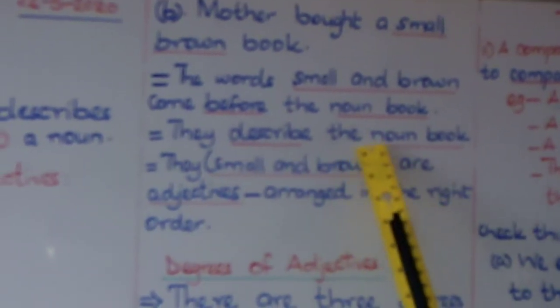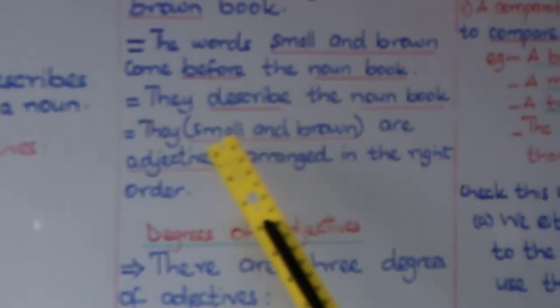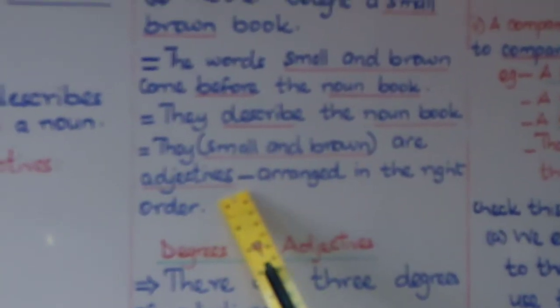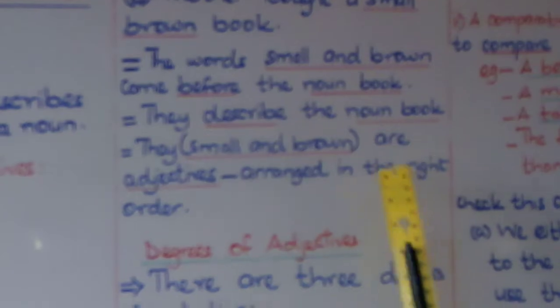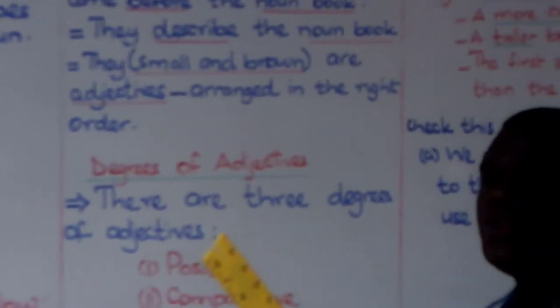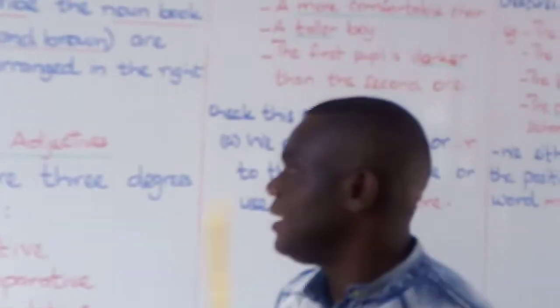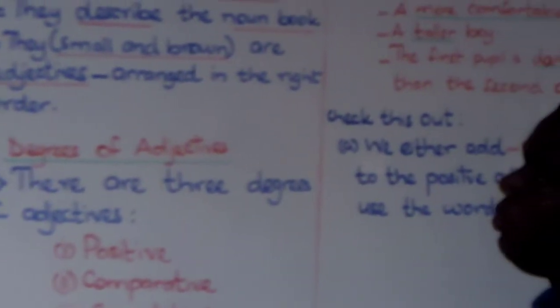They describe the noun book. So they, the small and brown, are adjectives arranged in the right order. Remember, you can use more than one adjective to describe one noun, and that one is a topic of another day.